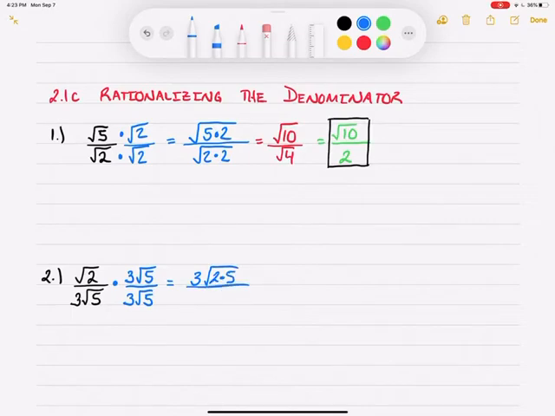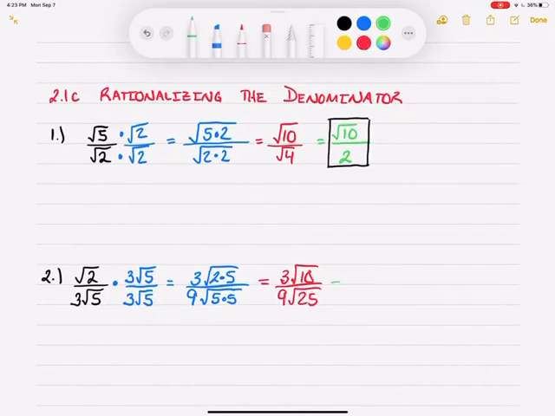And in the bottom, 3 times 3 is 9. And I have the square root of 5 times 5. Okay. Well, 2 times 5 is 10, so I have 3 times the square root of 10 over 9 times the square root of 25.